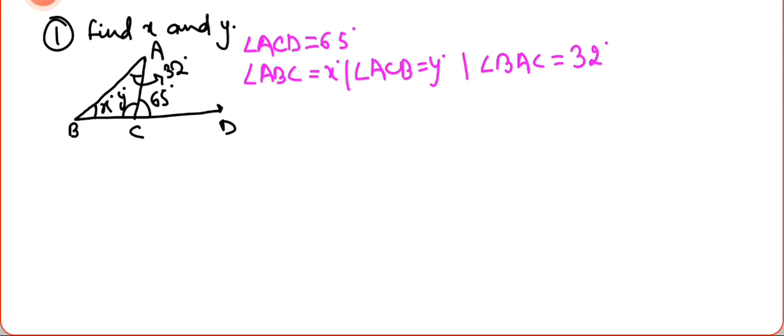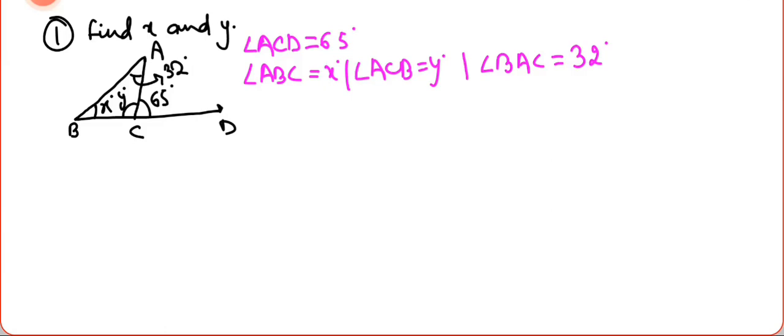So students, we are supposed to apply the exterior angle property of a triangle over here. We can find the value of x and y using the other properties of triangles that we studied in the first video, that is the linear pair of angles: angle y plus 65 will be equal to 180 degrees.